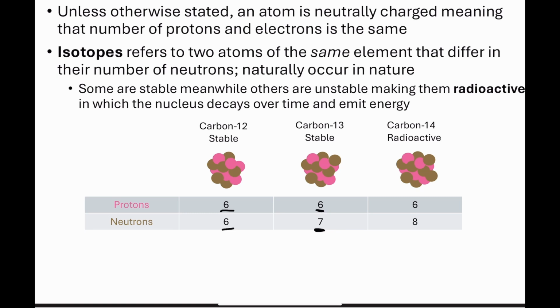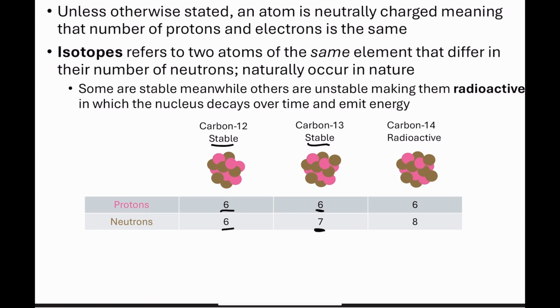Carbon-12 and carbon-13 are both considered stable because they have a pretty close ratio of protons and neutrons, and they do not tend to lose any particles. What I mean by stable is that their nuclei remain intact over time.